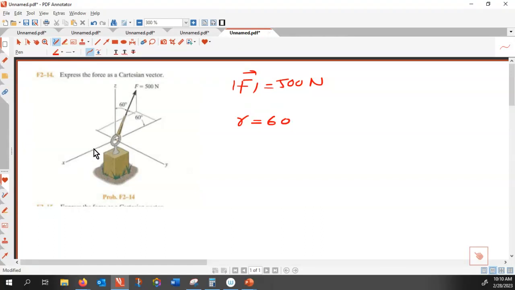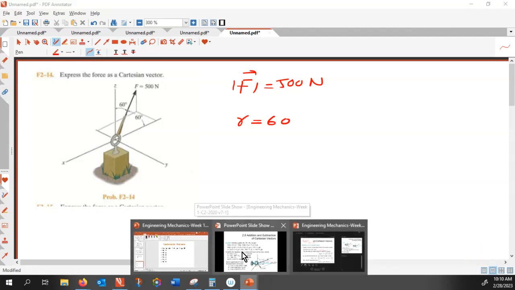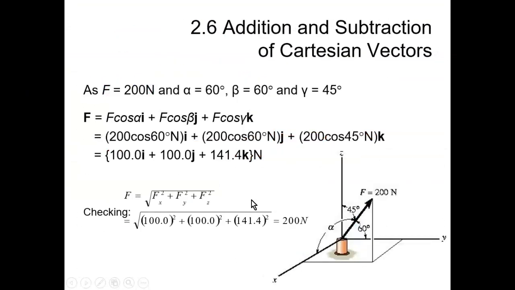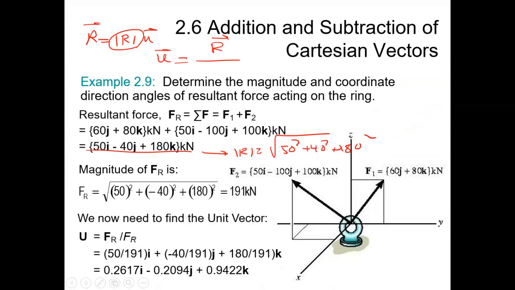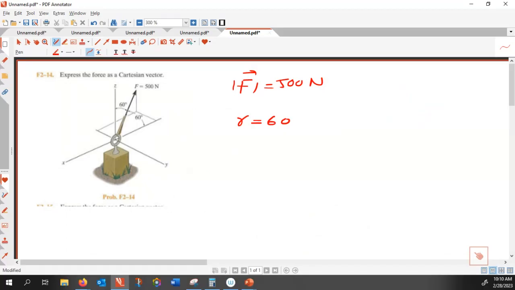If you go to the slide where we define them, alpha is the angle between the vector and the x-axis. With the x-axis, yes, that's 120, right? Alpha is 120, and then how do I find beta?